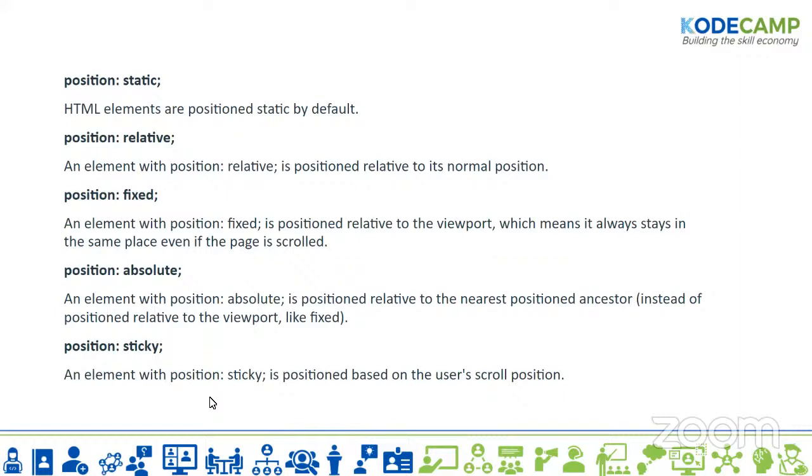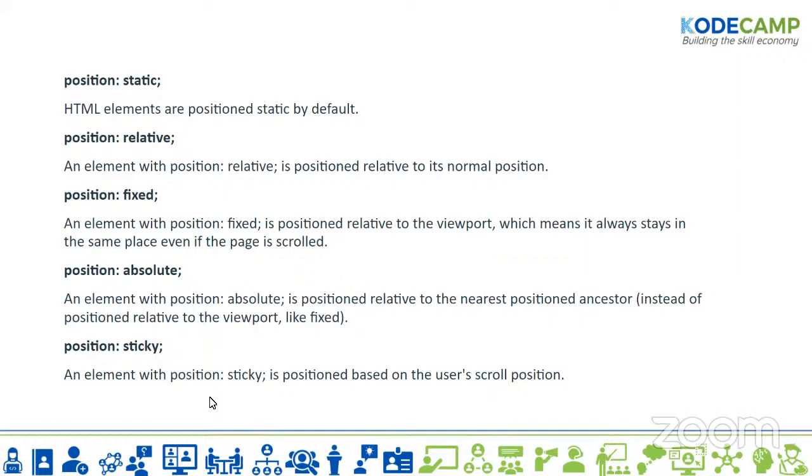When you talk about position fixed, an element that is fixed is positioned relative to the viewport, which means it stays at that same place even if the page is scrolled. If you scroll the page, it will still stay there. That's what happens with position fixed.